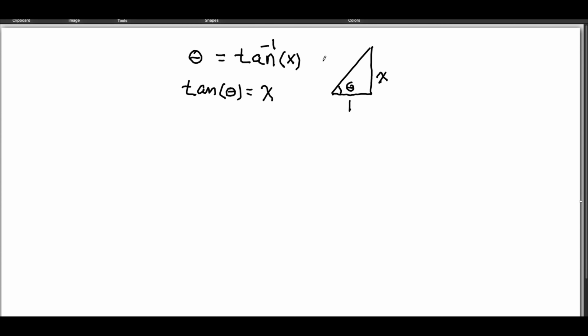And where I made a mistake was right here. I had 1 minus x squared when it should have been 1 plus x squared, because we have a squared plus b squared equals c squared, where a is 1 and b equals x. So that's the mistake I made.